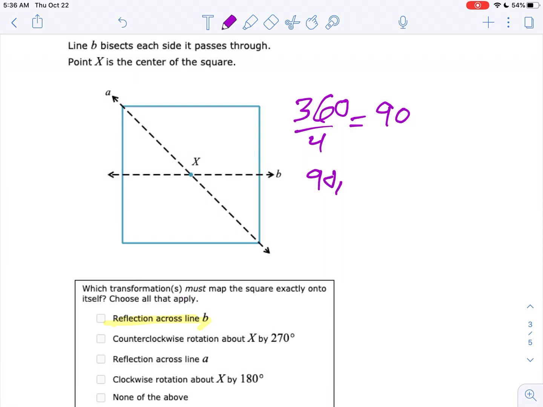So 90, 180, 270, and of course 360. So yes, you can rotate it through 270 degrees. How about we reflect it across A? Well, the corners would match up, so that would also work. 180 rotation, that works. So in other words, it's all of them on this one.